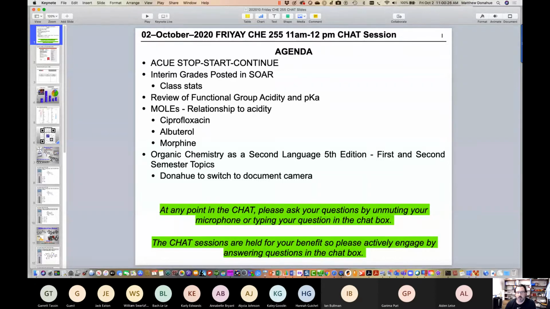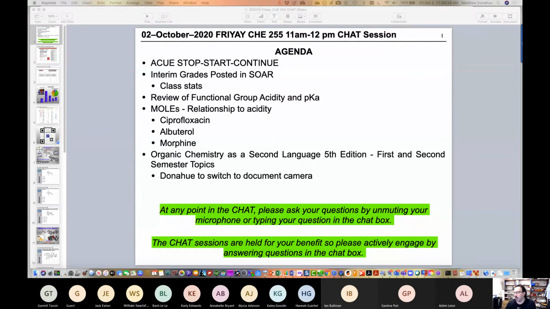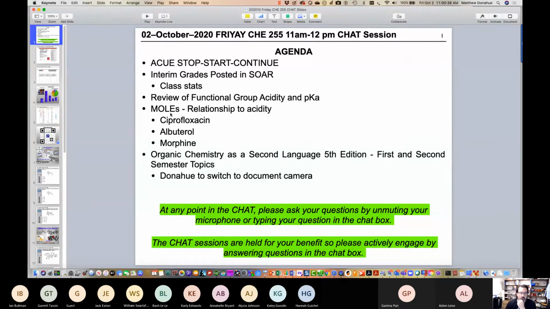We'll review the functional group acidity and pKa table, so that main thing to understand in this chapter. We'll look at a couple different molecules: ciprofloxacin, albuterol, and morphine. We'll go through some problems for each of those, and if we have time left over, we'll do some questions from the workbooks.